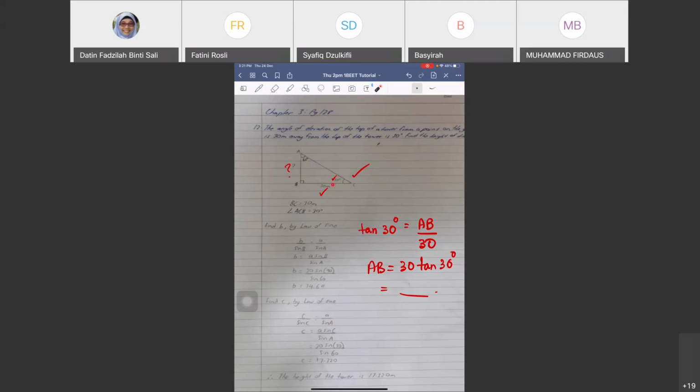But you know this is 30 degrees, so this is another 60 degrees. So you use 30 sine 30 degrees over sine 60 degrees. So this is another way of doing it as well.